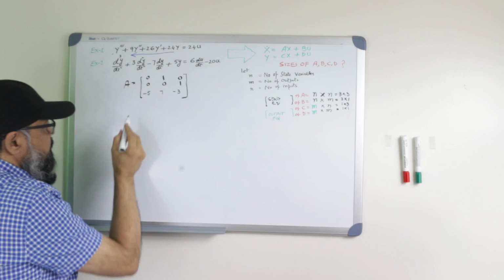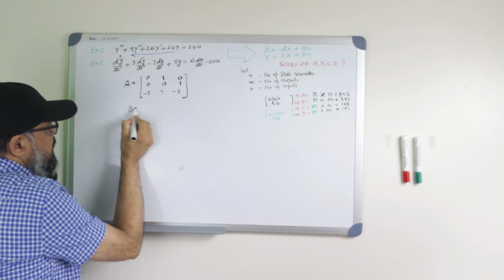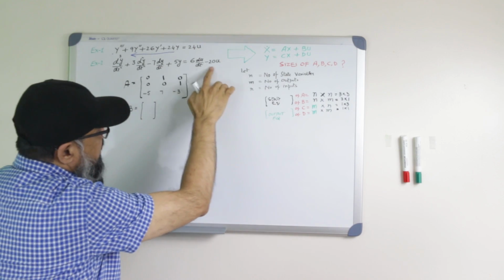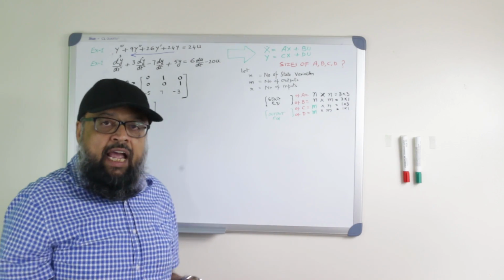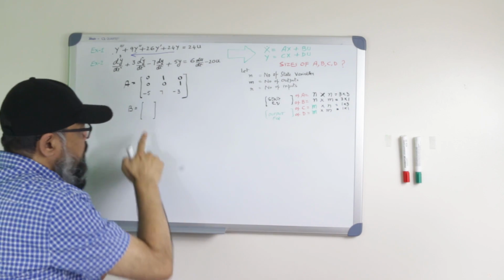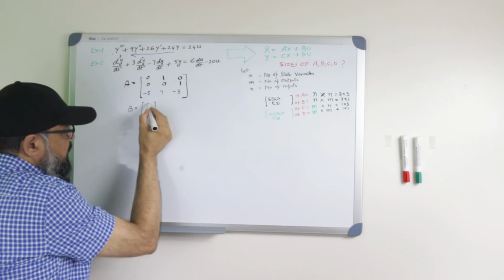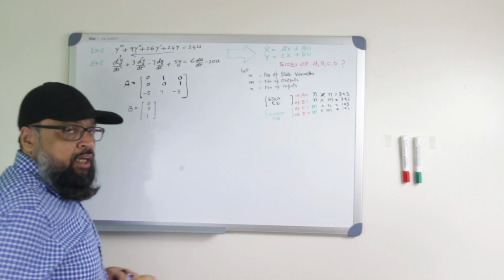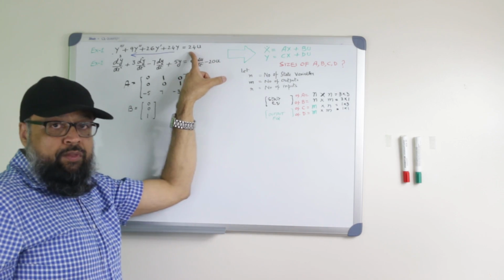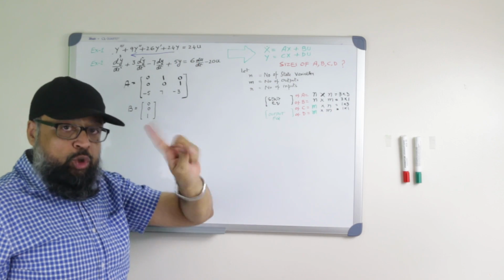Now matrix B. The way we write matrix B, when there are coefficients of u as well as another derivative of the input, is that we put the last row 1 and the rest 0. In this example, we took the coefficient of u because there was only one coefficient, u.